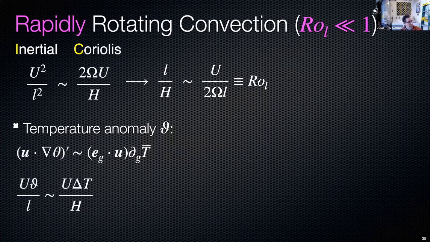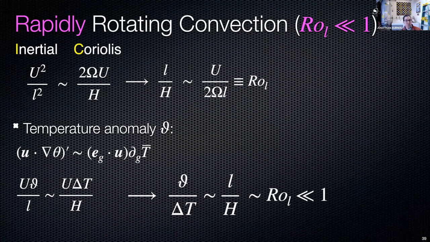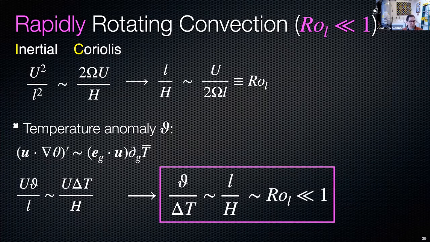And when we do that, we then get U theta over L goes as U delta T over H. Well, U drops out then, and we get theta over delta T is about L over H. Okay, and we know L over H goes as local Rossby. So we have two very nice relationships here. Theta over delta T and L over H are both proportional to the local convective scale Rossby number, which in this regime is much smaller than 1.